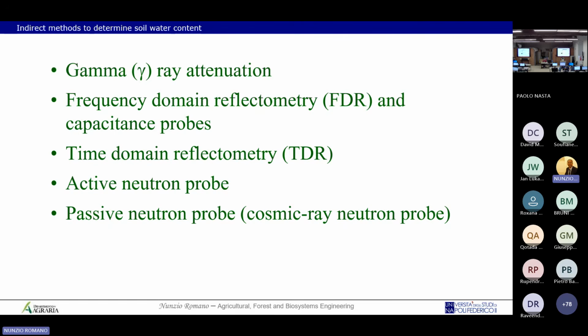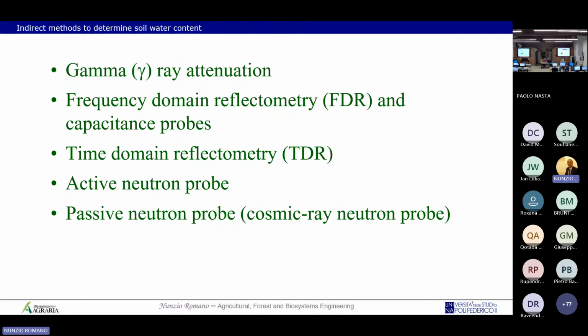So I have listed here the main indirect methods. The gamma ray attenuation I just put as historical, because usually you do this only in the lab, but there are nuclear techniques; gamma ray now is not, as far as I know, used any longer.